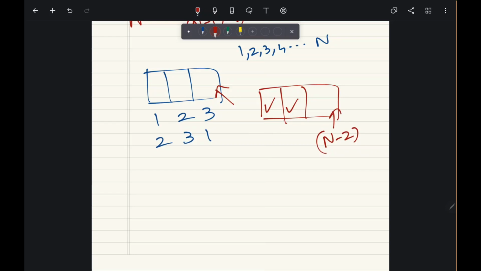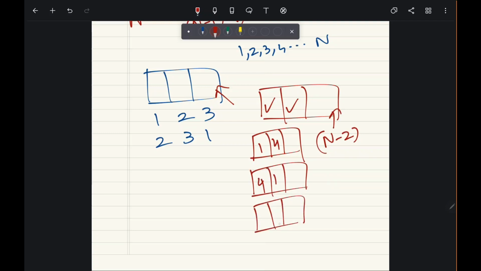And I could pick any of those first 2 numbers, right? They would still give me n minus 2 choices. So basically I could have 1 and 4, or I could arrange 4 and 1, or maybe 5 and 11. Each of these would give me n minus 2 choices, right?